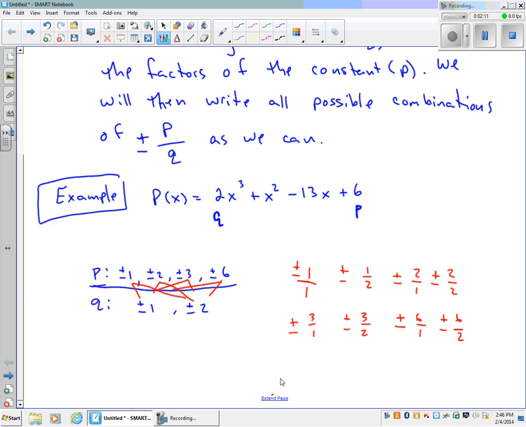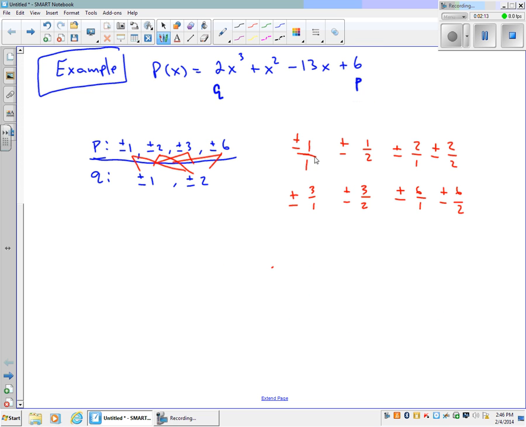So what we need to do now is simplify these. Here we have positive and negative 1 and positive and negative 1/2. Here I have positive and negative 2. Over here I have positive and negative 1 again. So I don't need to write that again. I can cross it out because we already have it.